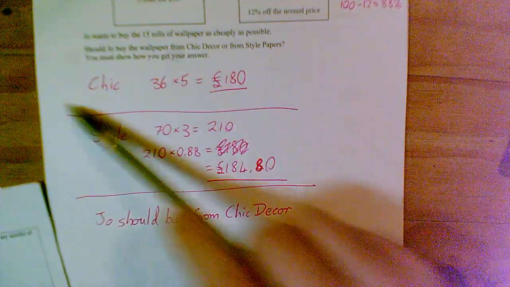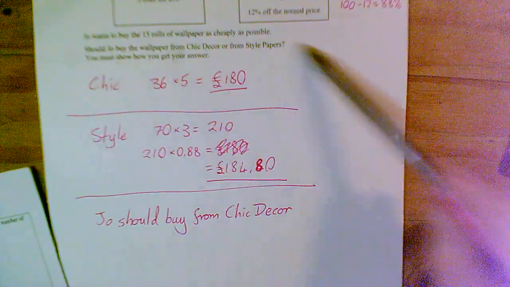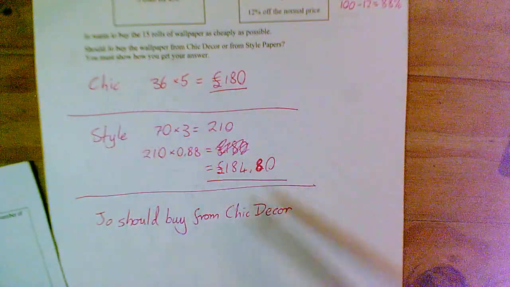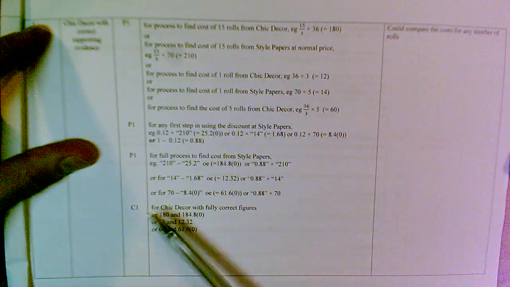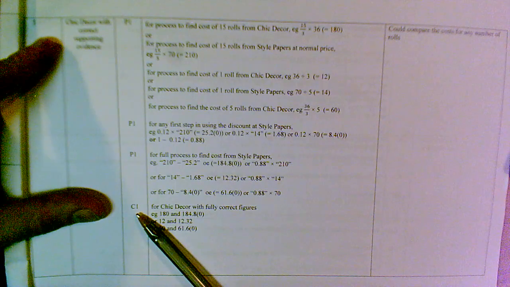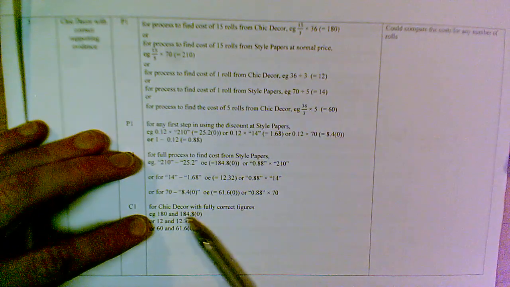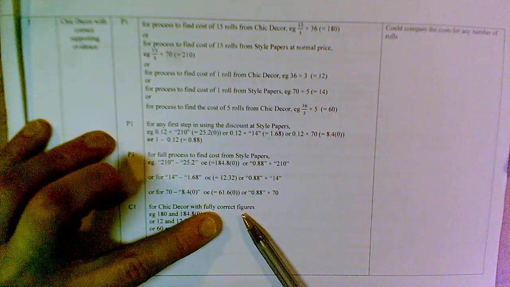First off, you might make loads of mistakes. Obviously I haven't hit, well, a little bit, but if you do, we want it to be really obvious what each number is and to which thing it belongs. So 4 marks here. The final one is showing you C1. I can't remember what C stands for, but you have to say it's Chic Decor and have the correct figures.